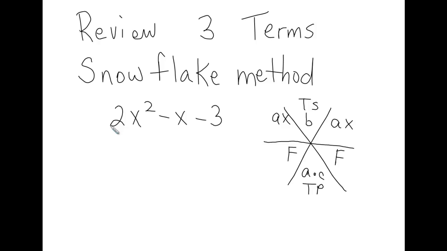So the target product, a times c, is -6. The target sum is -1. A times x, a is 2, so that's 2x and 2x. And we already decided a while ago that the factors were -3 and +2.